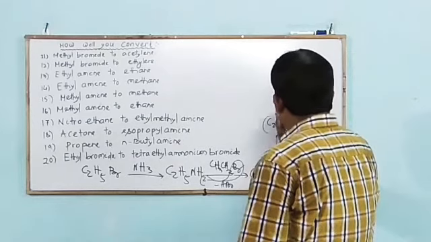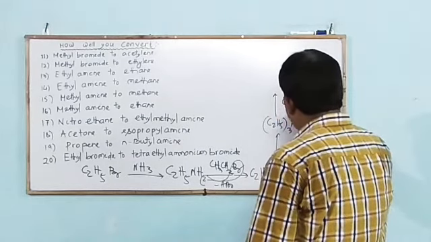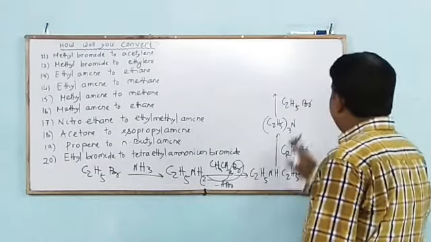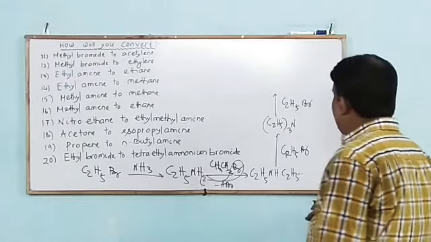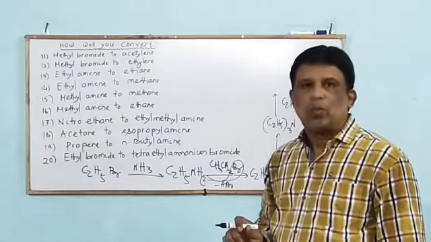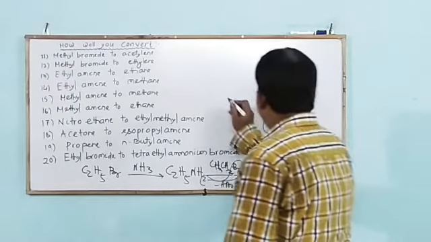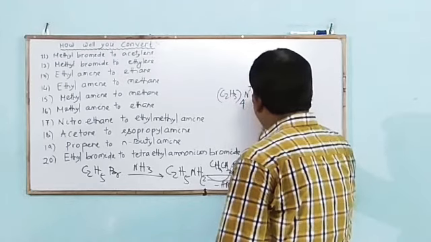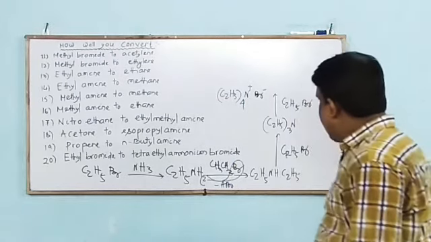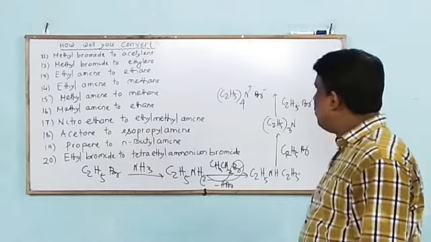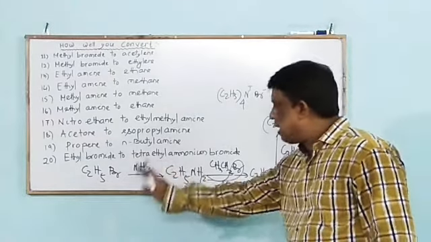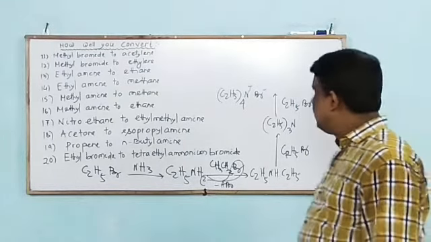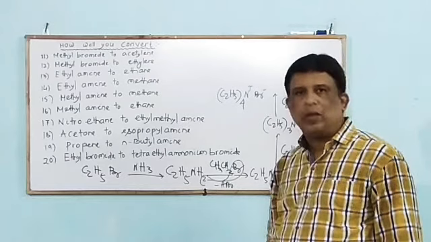Triethylamine again combines with another molecule of ethyl bromide. So first is the primary amine, then secondary, then tertiary, which again reacts with another molecule of alkyl halide to form a quaternary ammonium salt, that is (C2H5)4N+ Br-, tetraethyl ammonium bromide. So in this way, ethyl bromide is converted to a quaternary ammonium salt, tetraethyl ammonium bromide.